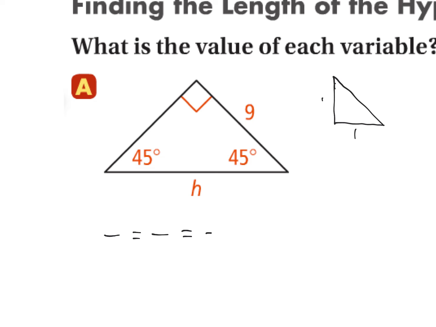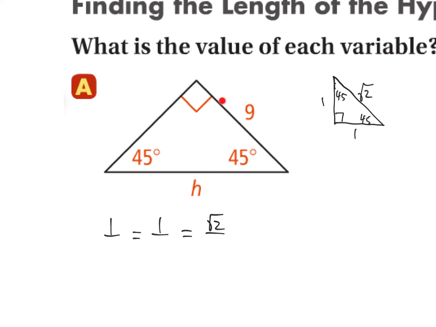I know that this 45-45-90 triangle is going to be similar to this 45-45-90 triangle, 1, 1, square root of 2. And so I'm going to put 1, 1, square root of 2 on the top of my proportion. The bottom of my proportion is going to go the information from this triangle.